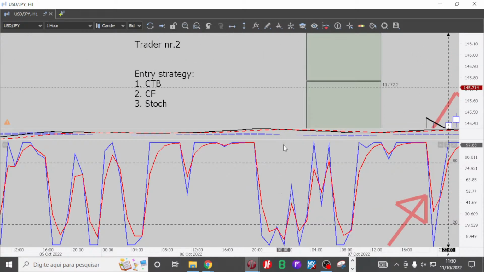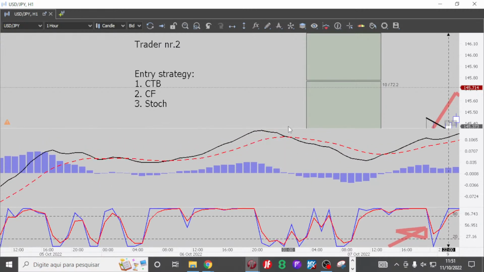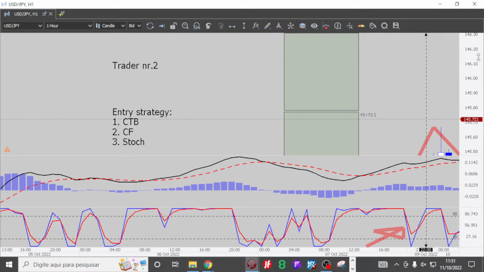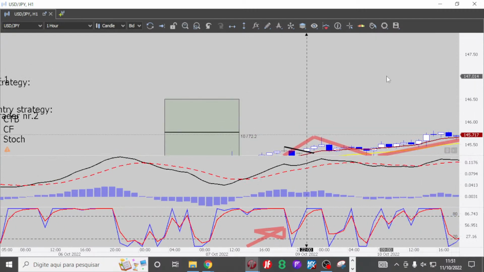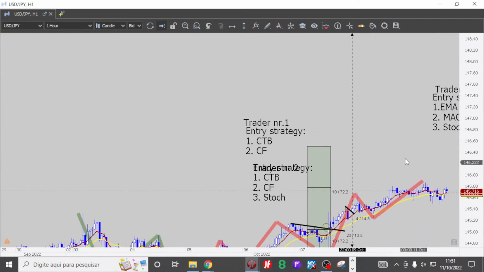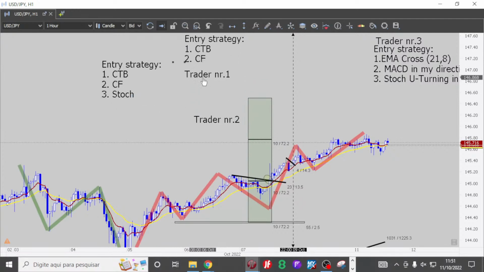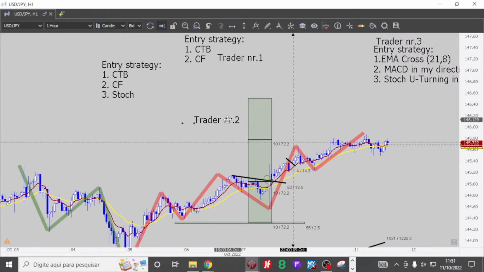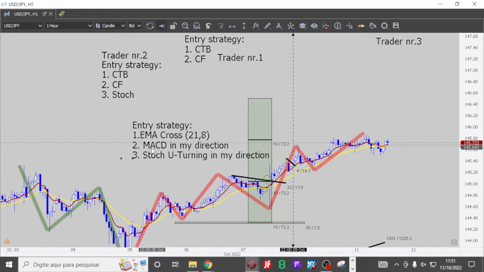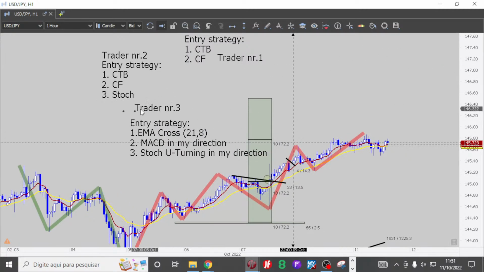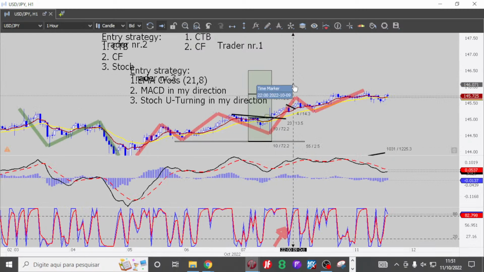And the third trader, just an example, the third trader is a system trader. So we addressed trader number 1, we addressed trader number 2, but then we have here the third trader, which is a system trader.